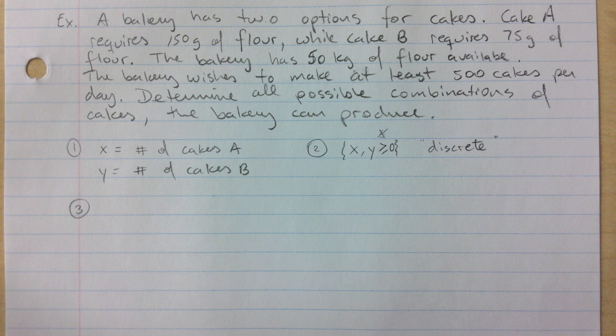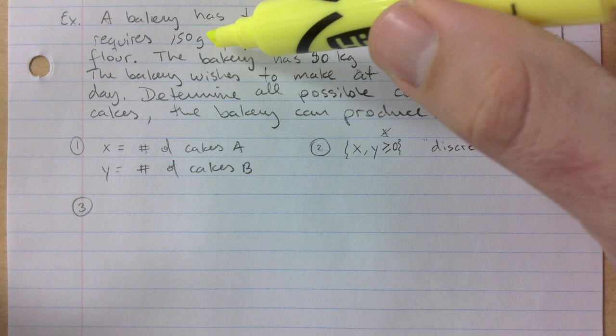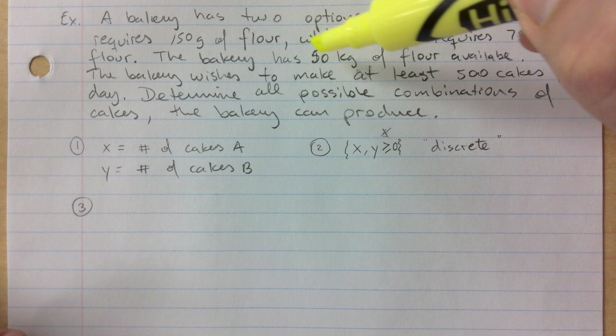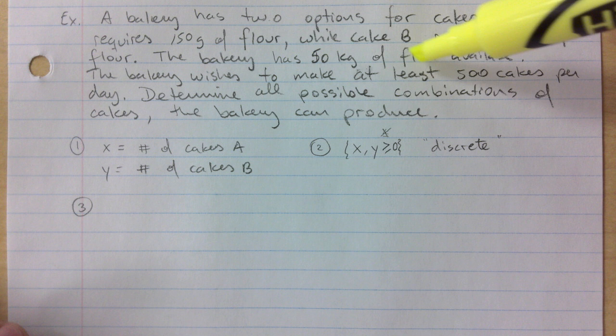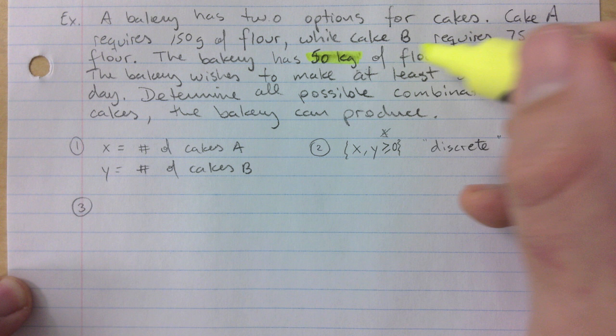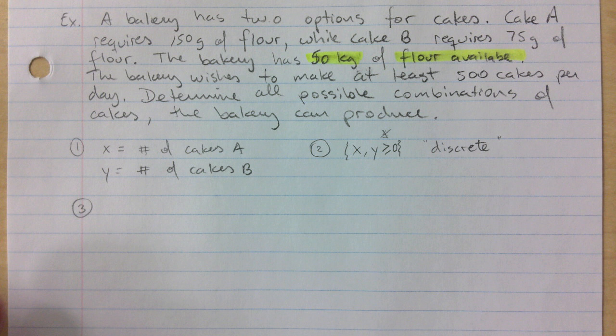So I will highlight the first restriction that I see, because they do tell you a lot about how many grams of flour cake A and B need and so forth, but it says that the bakery has 50 kilograms of flour available. So that's a restriction right there.